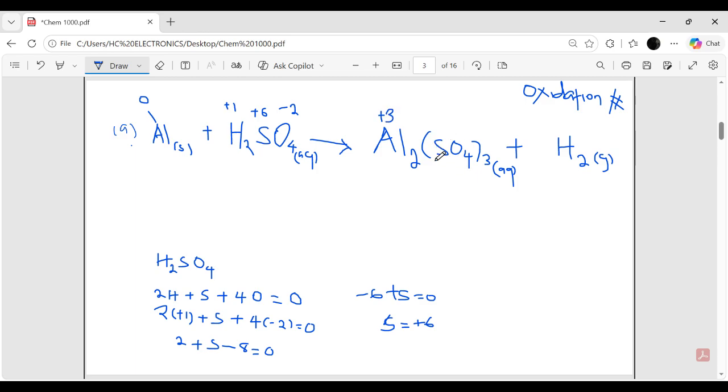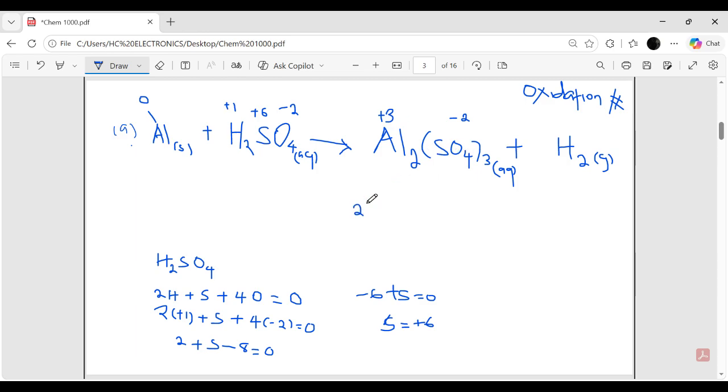Then for sulfur, you need to calculate for it. Oxygen, you already know that it is negative 2. So from here you do the same thing, you calculate for sulfur again.